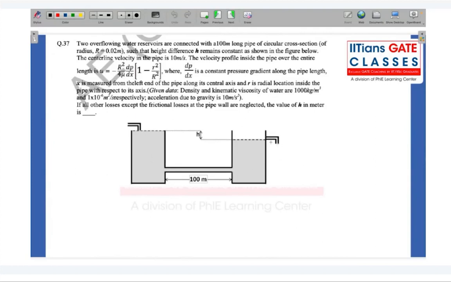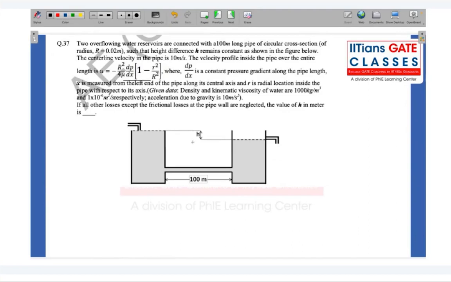And the height of water level in this reservoir and this reservoir, the difference in their height remains a constant, which is called h. The velocity profile inside the pipe over the entire length is the Hagen-Poiseuille distribution, minus R squared by 4 nu into dp by dx into 1 minus small r squared by capital R squared, where dp by dx is a constant pressure gradient along the pipe length.